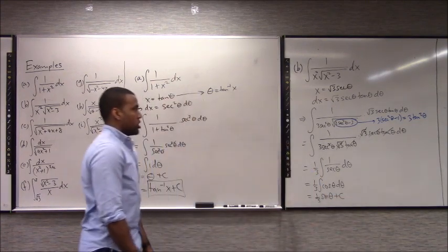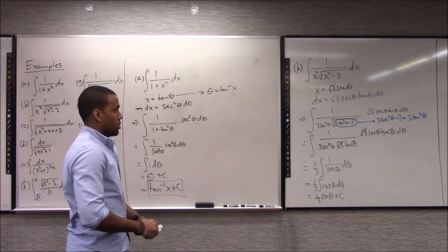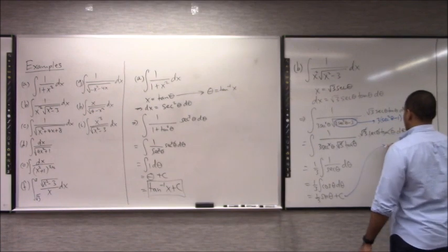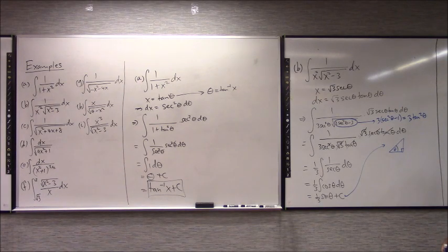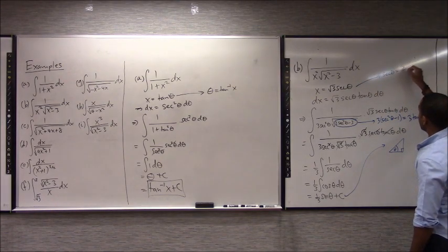How do we get the answer in terms of x's? Let's draw a right triangle. How do we create it? Secant theta is x over radical 3.